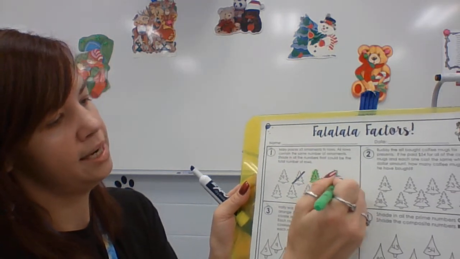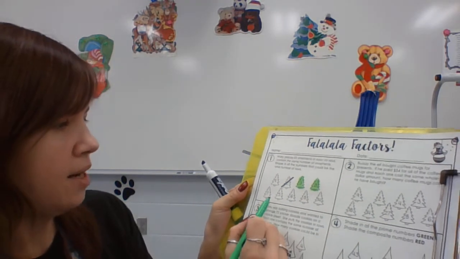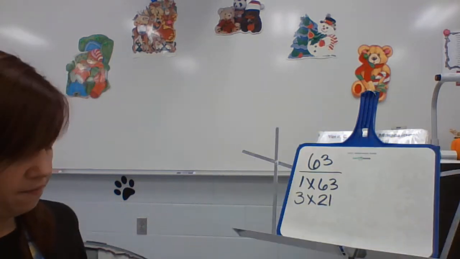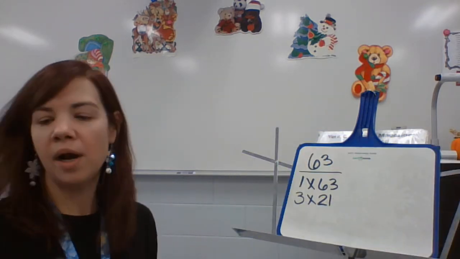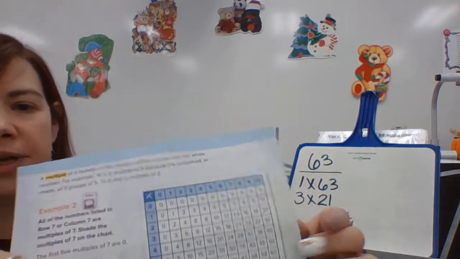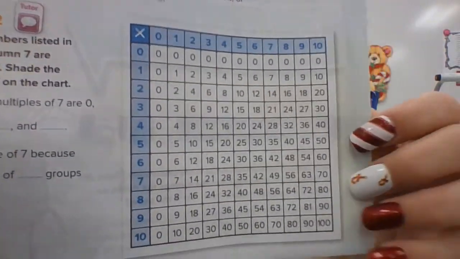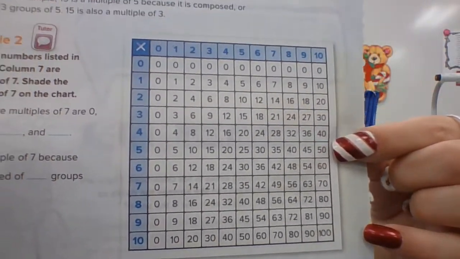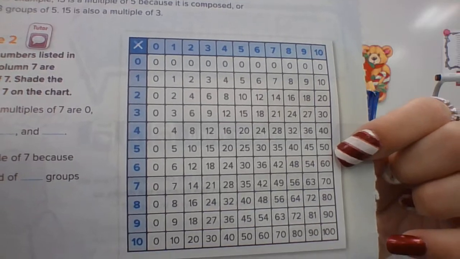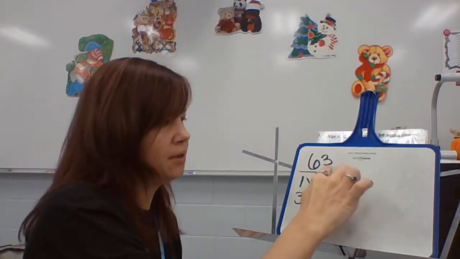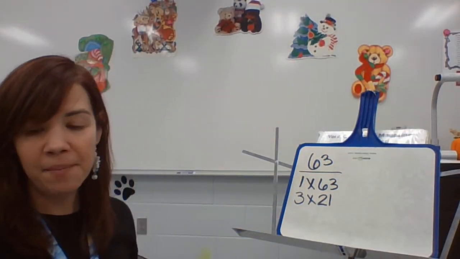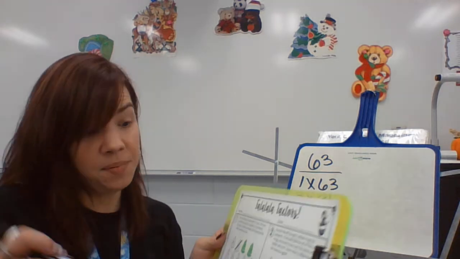All right, the next smallest one I see is a 5. When I look at my multiplication chart, the 5s either end in a 5 or a 0. Well, 63 doesn't end in a 5 or a 0, so that means 5 cannot be a factor.